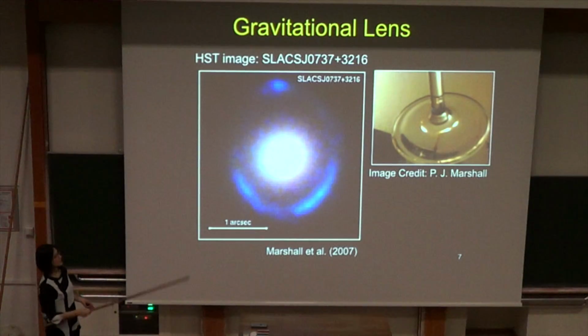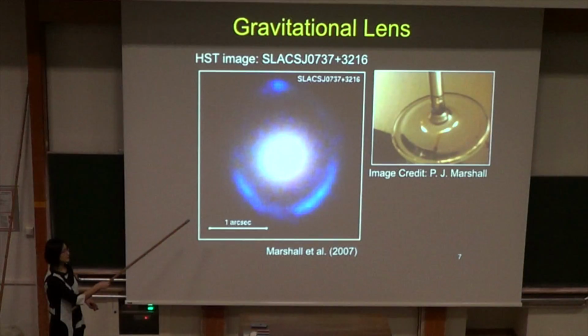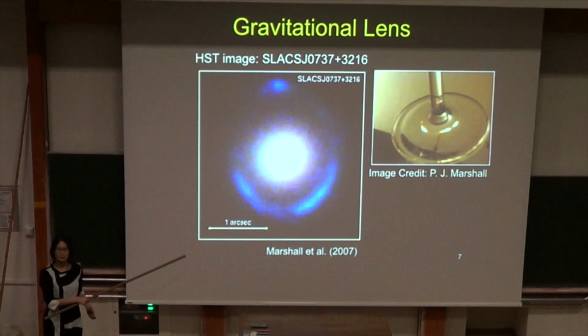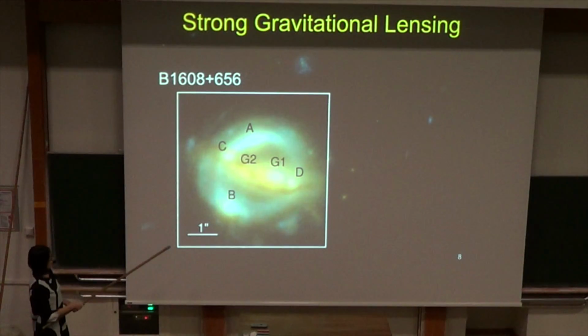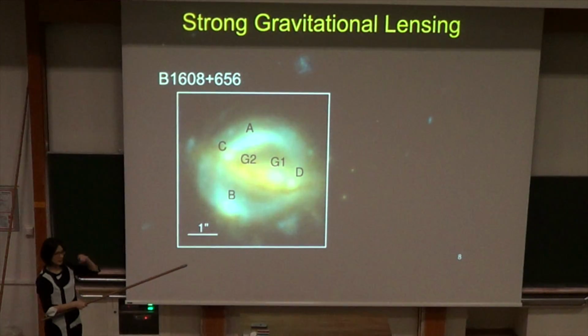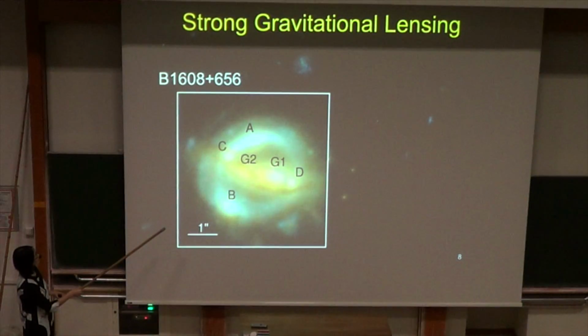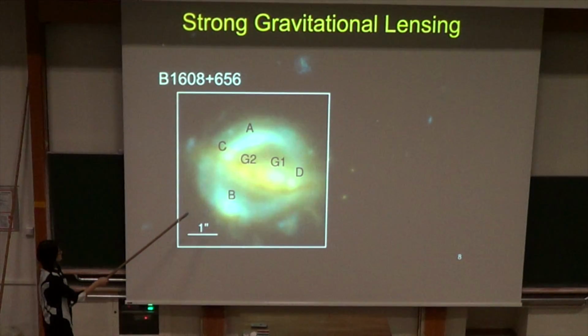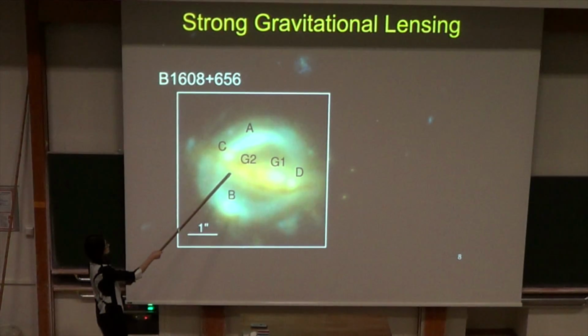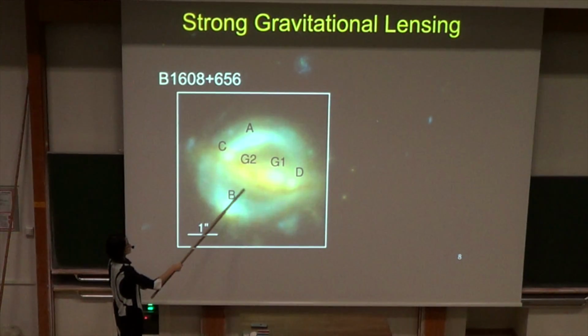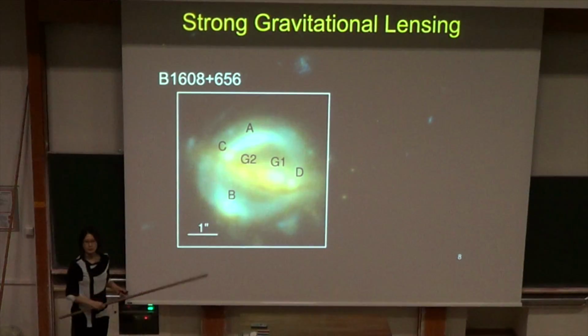So some of these strongly lensed systems are special in that the background source galaxy has intensity that varies over time. So this is an example of such a system. So this is 1608. A background source galaxy is lensed into A, B, C, and D images by 2 foreground galaxies G1 and G2.